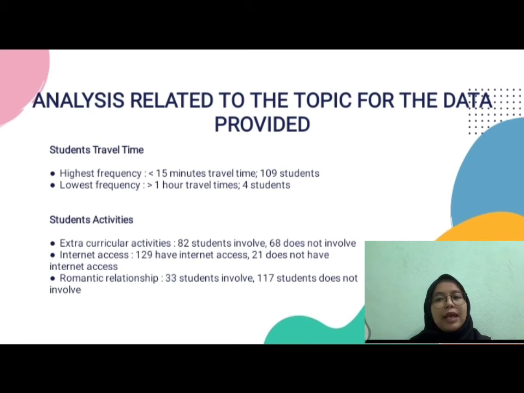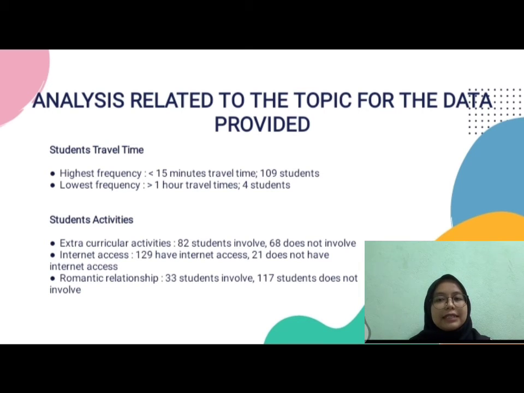The third one that I will explain is about student activities. This activity include 3 activities, which is extracurricular activities, internet access, and romantic relationship. For extracurricular activities, 82 students involved with the activities and 68 does not involve with the extra activities.